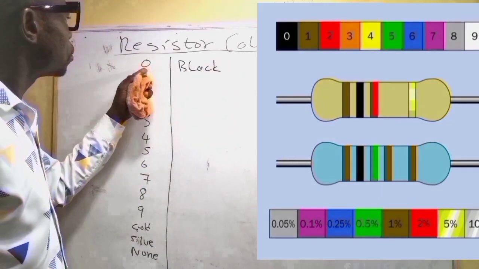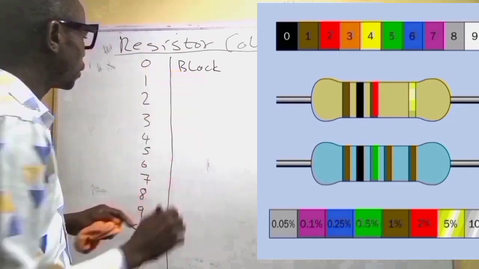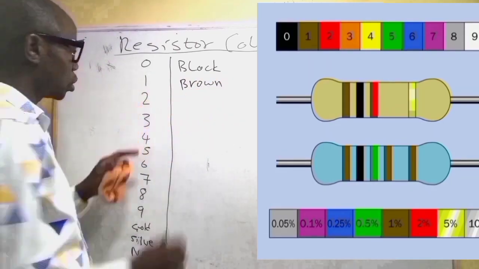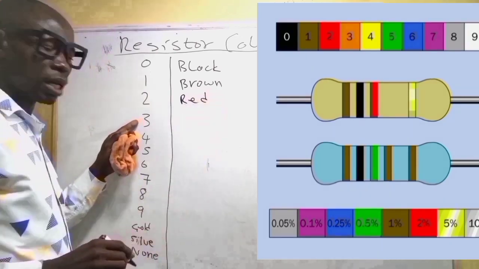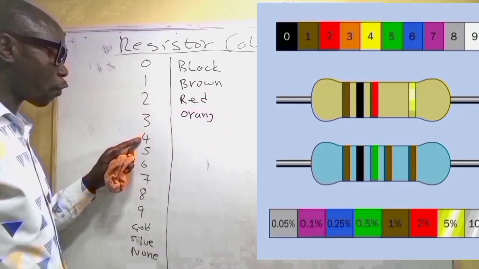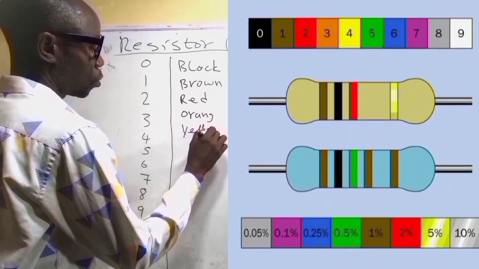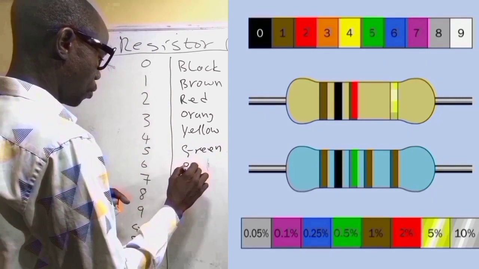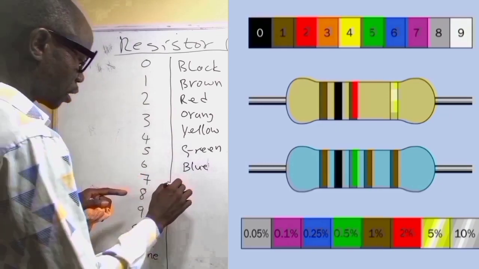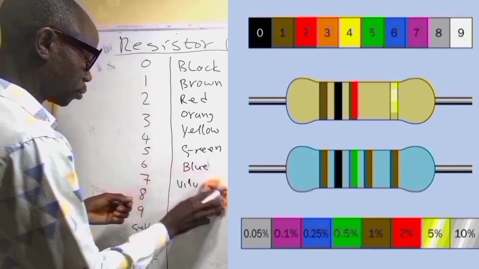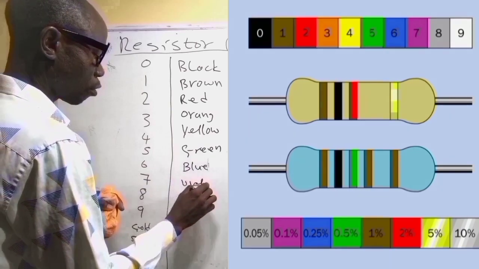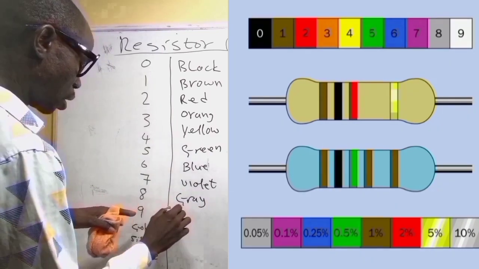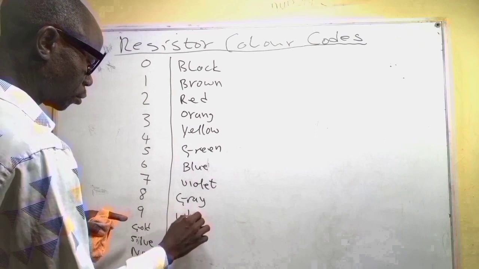The color, when you see 0, is black. 1 is brown. 2 is red. 3 is orange. 4 is yellow. 5 is green. 6 is blue. 7 is violet. 8 is gray. 9 is white.